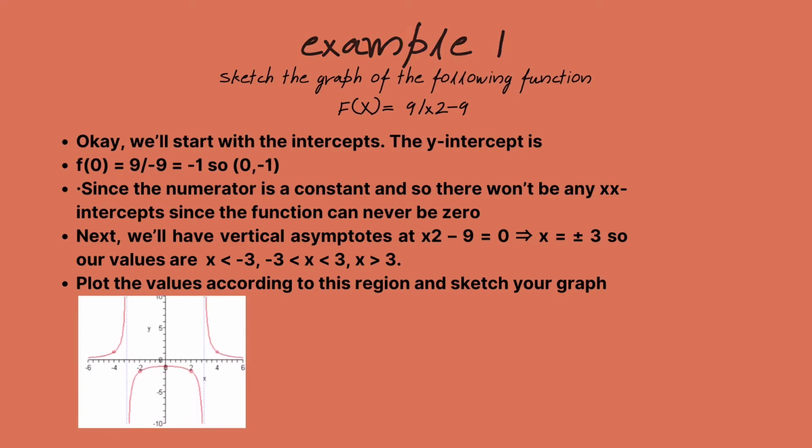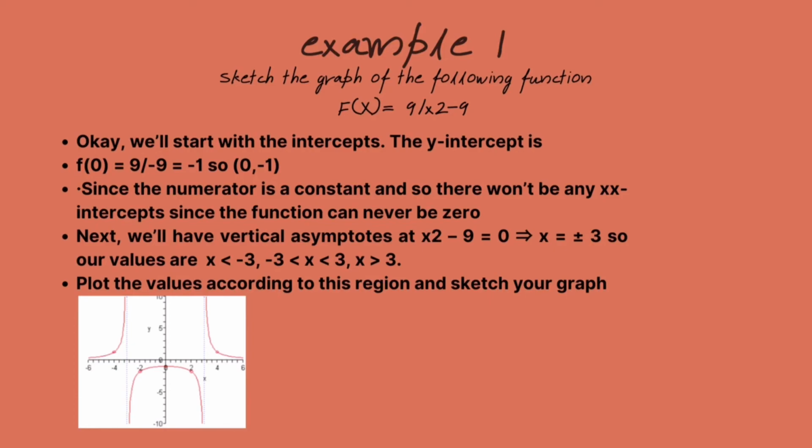Example number 1. Sketch the graph of the following function: f(x) = 9/(x² - 9). Okay, we'll start with the intercepts. The y-intercept is f(0) = 9/(-9) = -1, so (0, -1). Since the numerator is a constant, there won't be any x-intercepts since the function can never be 0.